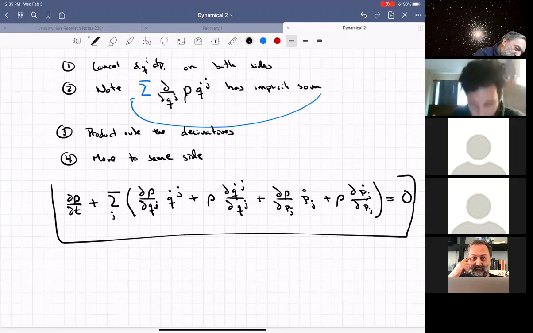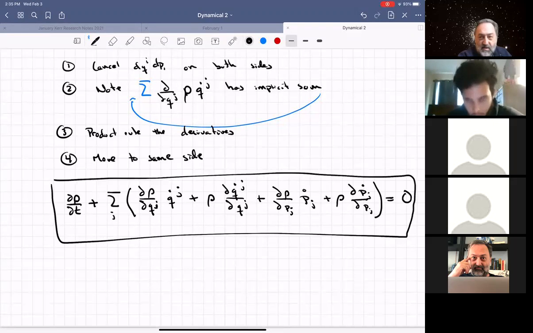Okay, so now I got this expression. When I moved it to the same side, that's where the equals 0 comes from, right? I used the product rule to take the derivative of 2 different products, and I put the summation back in. Okay, folks, good?